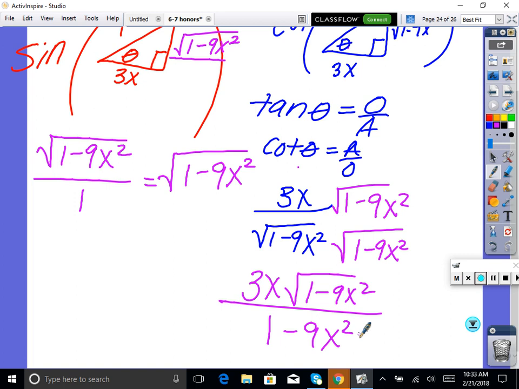Oh, well look, 3x and 9x squared. Boom. Let's cancel those out. No. See? Look how good you guys are at algebra. You're going to be algebra geniuses. So that is our answer. We could not divide across a subtraction sign, right? Can't divide across a subtraction sign.